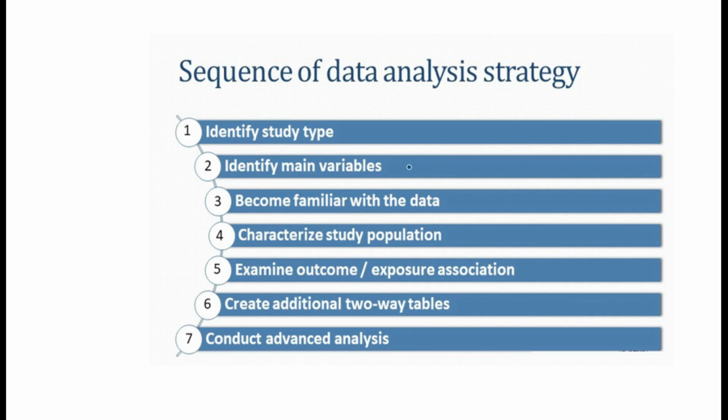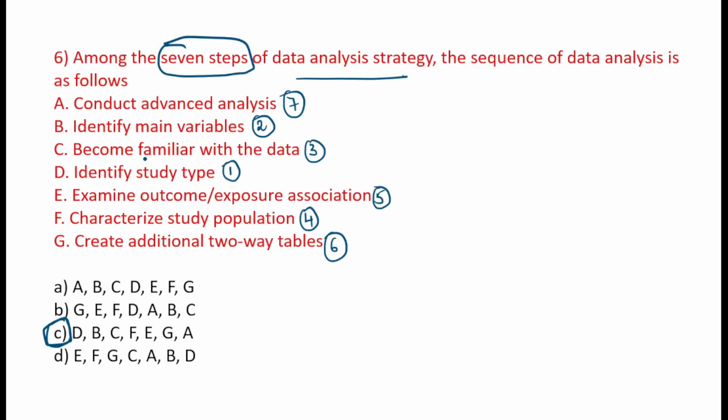Second comes identify the main variables. Third is become familiar with the data. Fourth is characterize the study population. 5 is examine the outcome and exposure association. 6 is create additional two-way tables, and 7 is conduct the advanced analysis. Only if you have an idea of all these 7 steps in sequence can you answer such questions. Okay, so we will go to the next question then.